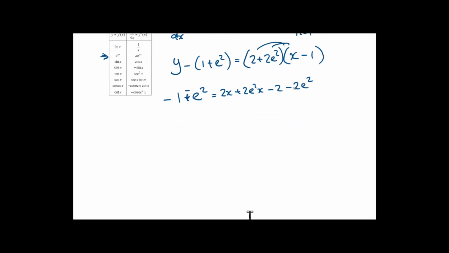How are we going to go about doing that? Well, let's bring everything which has x over this side and everything which doesn't have an x over this side.